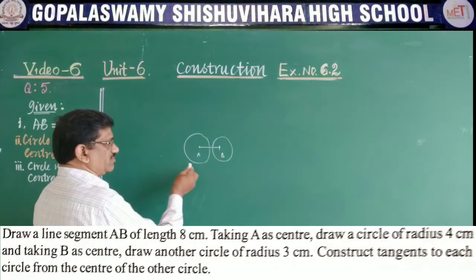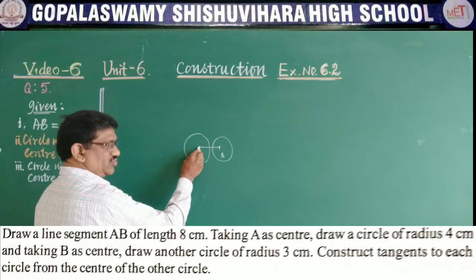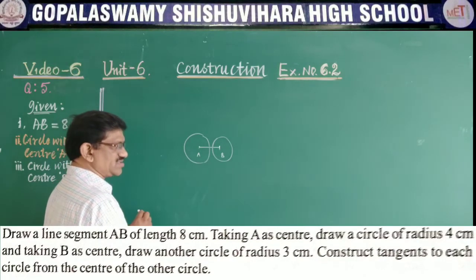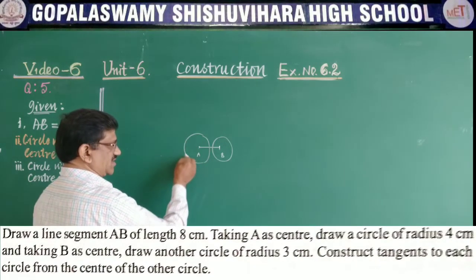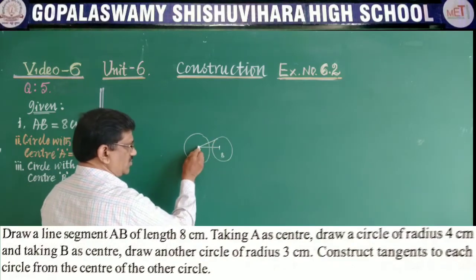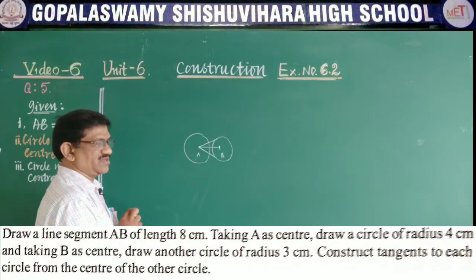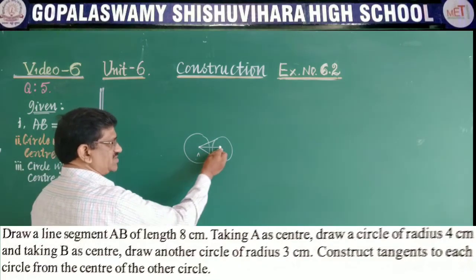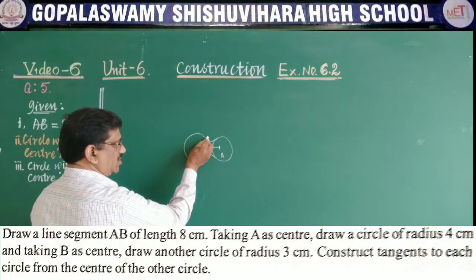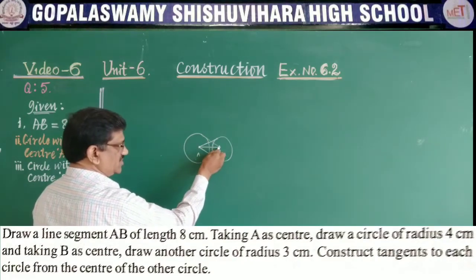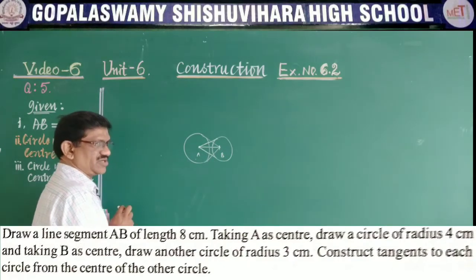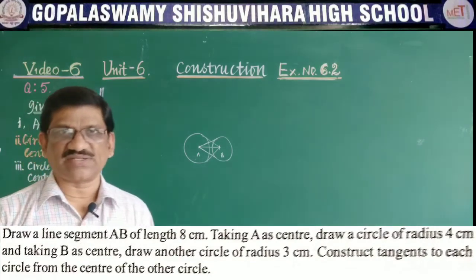Then from the centers of one circle you have to construct tangents to the other circle. That means here A is the center of this circle. From this center you have to draw tangents to the circle with center B. Similarly, B is the center of this circle. From this center you have to construct tangents to the circle with center A. Understood, children? Okay, shall we start it now?